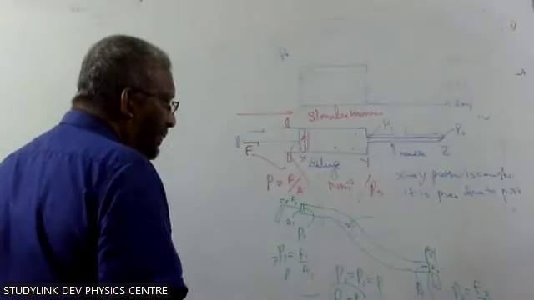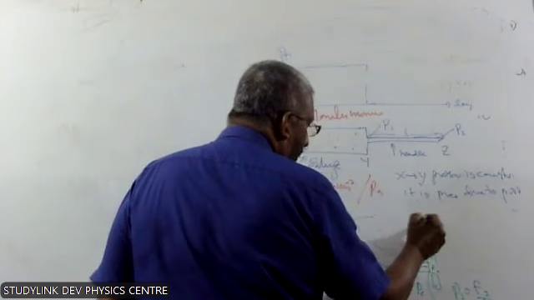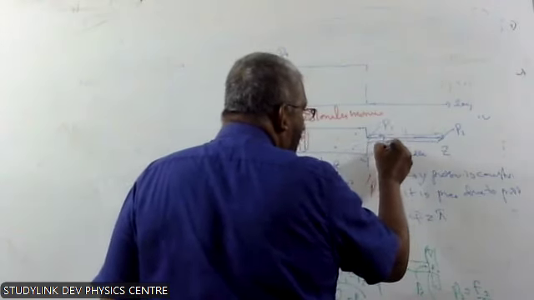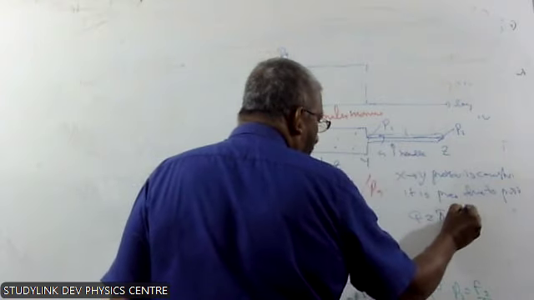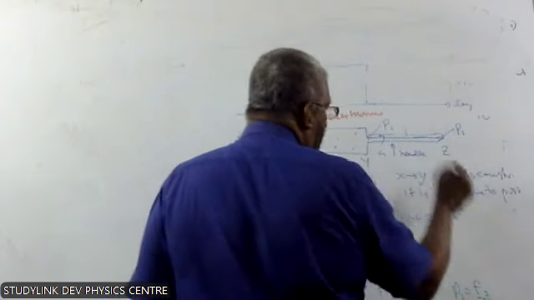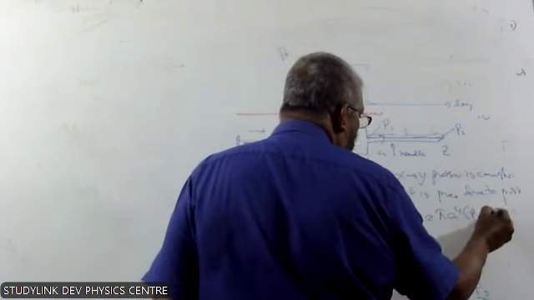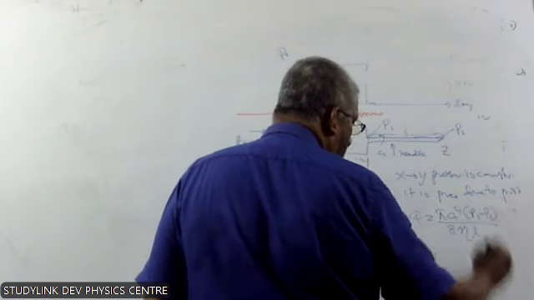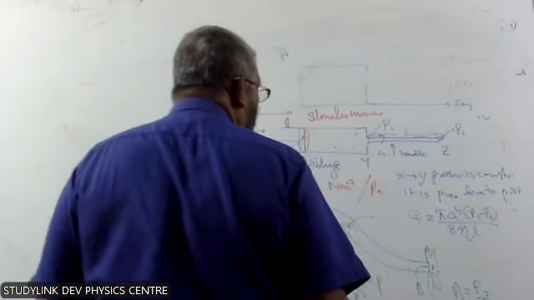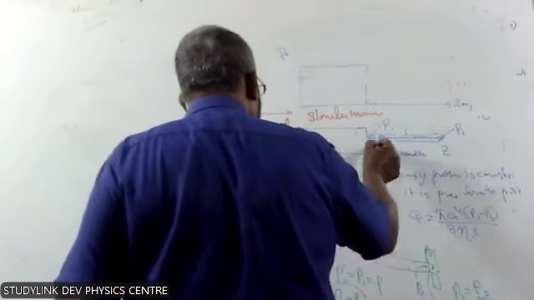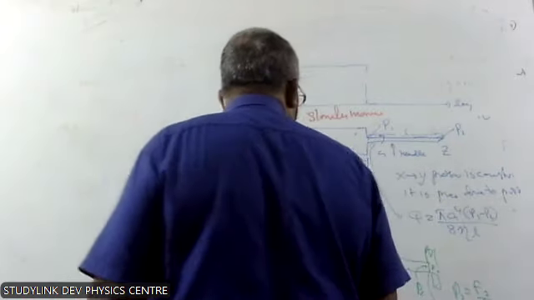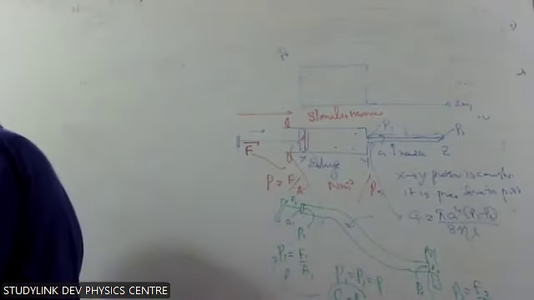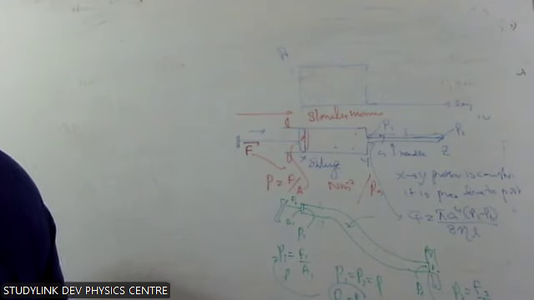For that, we can write Q is equal to pi, internal a to the power 4, times the pressure difference P1 minus P2, divided by 8 eta L. That's for the tube. When you are applying Poiseuille's equation, we should consider that.